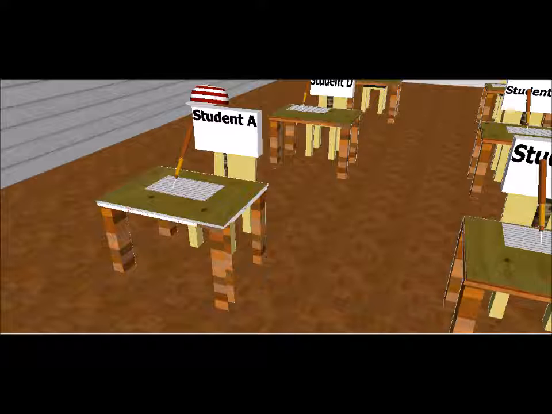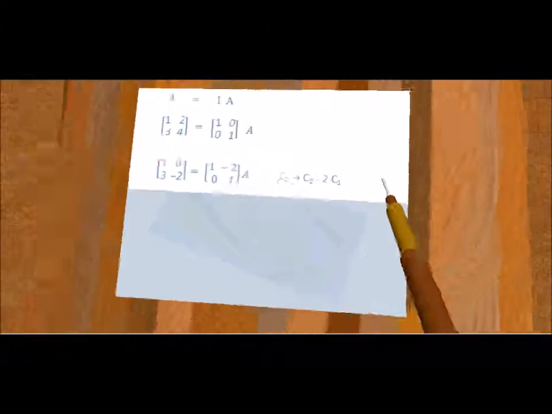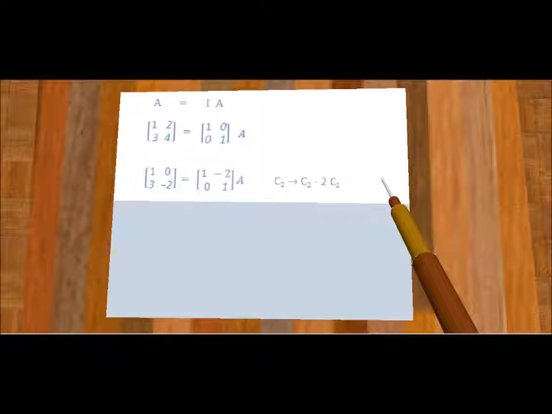Okay, has anybody completed? Yes, Ranjay. Okay, show me. So how did you start it? I wanted you to use column transformations. Sir, I have written A is equal to I into A, correct? Okay, then I have written the matrix A, and I into A. Then I applied the column transformation and I was trying to focus and make the element 0.